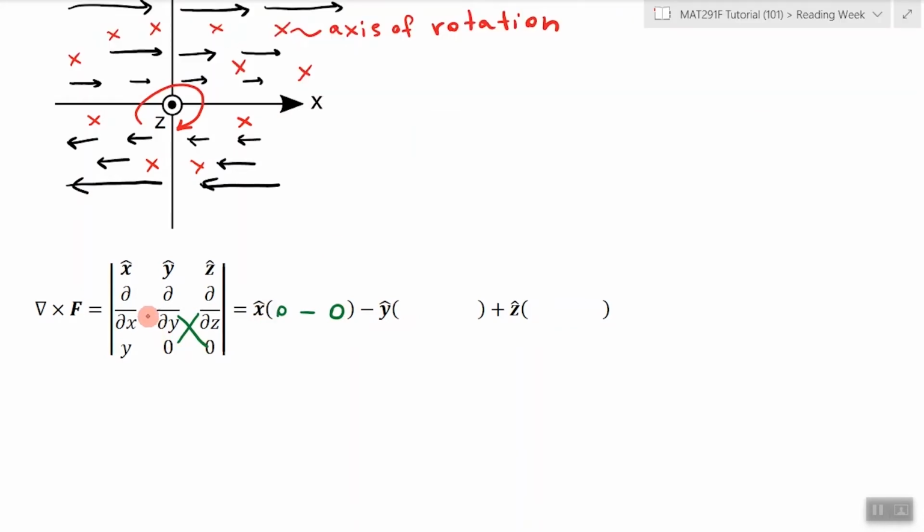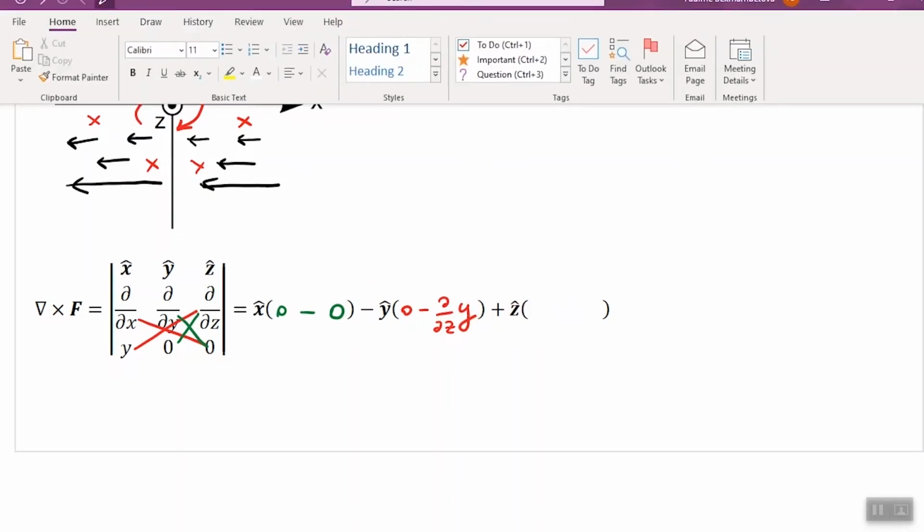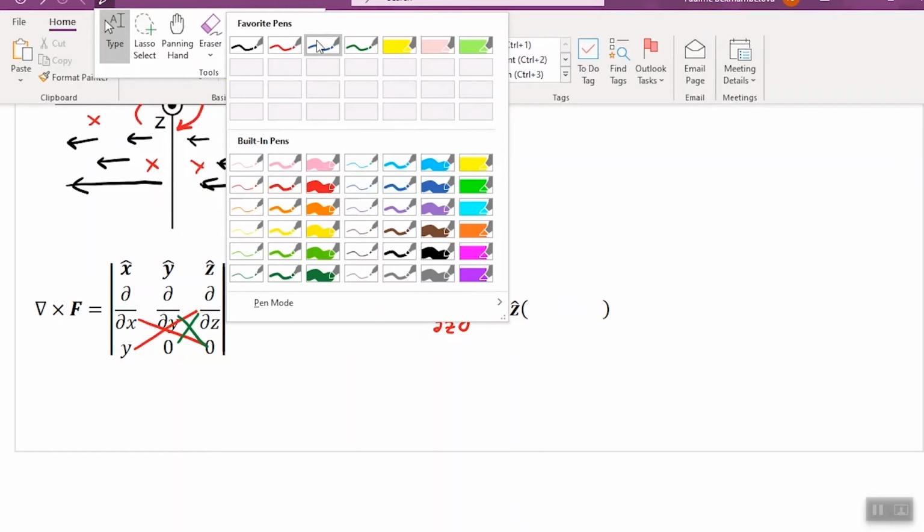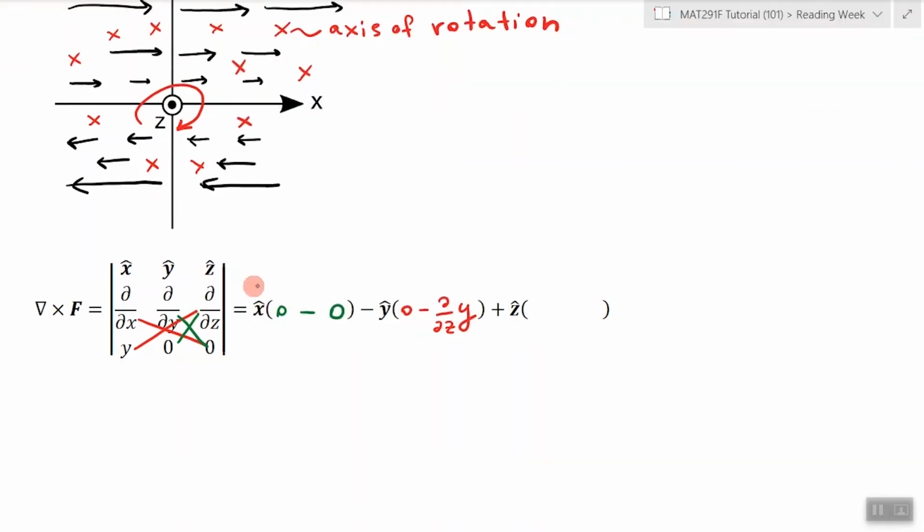And I would take this determinant. So I get 0 minus this derivative, partial z of y. For the z component, I have this determinant. I get 0 minus partial y of y.